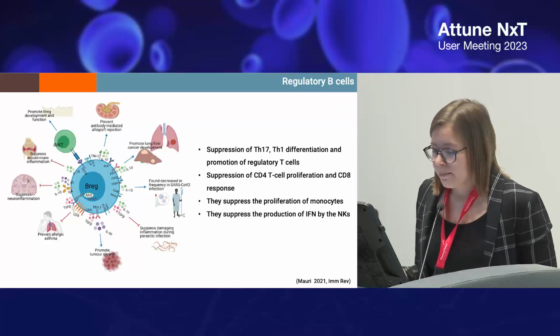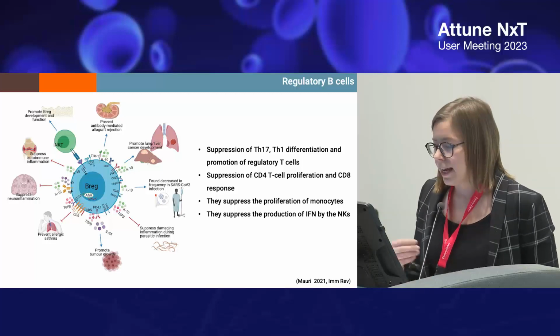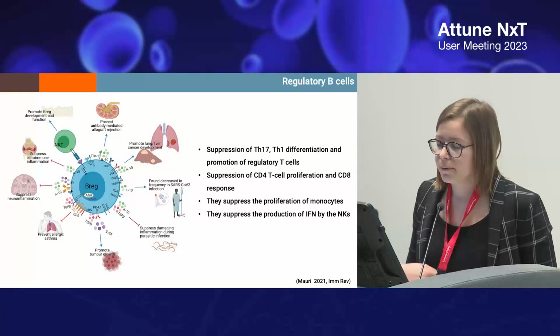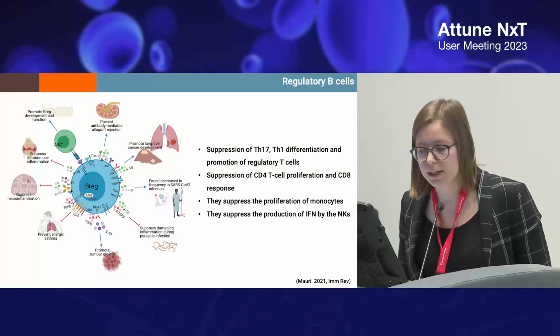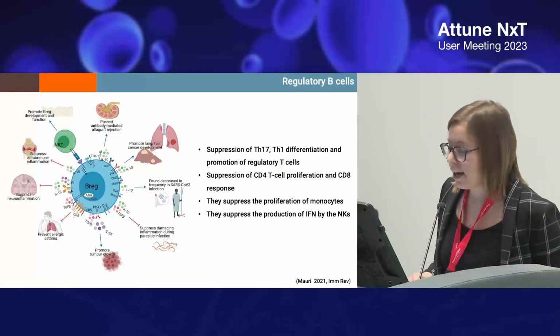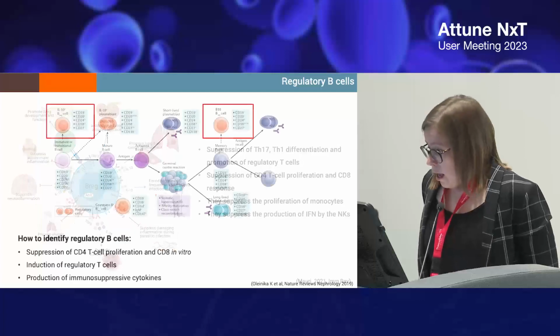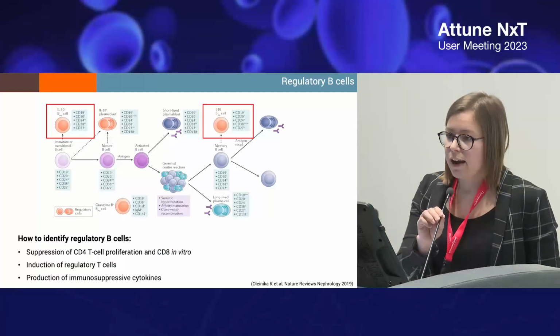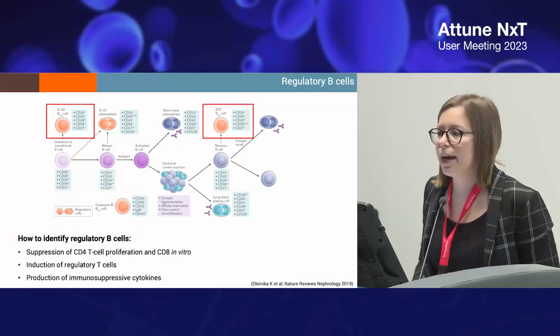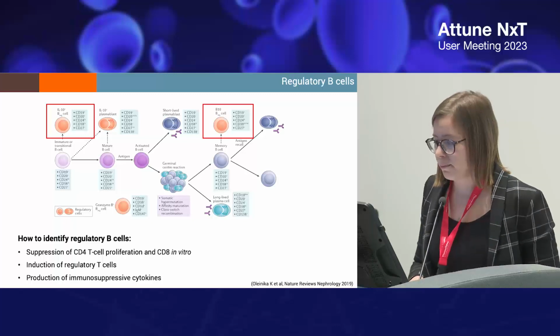So the main markers that are used for these cells are their ability to produce immune suppressive cytokines such as IL-10, IL-35, and TGF-beta. And they have been described for this reason in many other subsets of B cells.